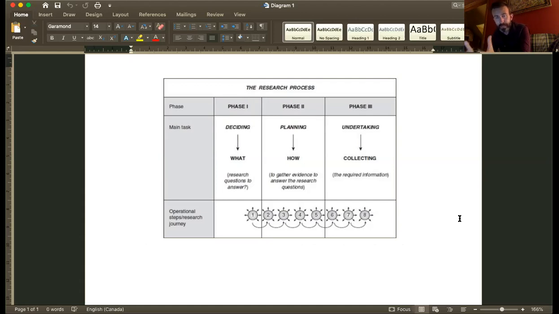You want to really kind of finish phase 1 to some extent this week. If you don't, it's okay, but we should really be on the direction of finishing it and coming up with some sort of research problem, objective, and question, and understanding if you're going to be doing a qualitative or a quantitative or possibly a mixed methods approach by the end of this week.